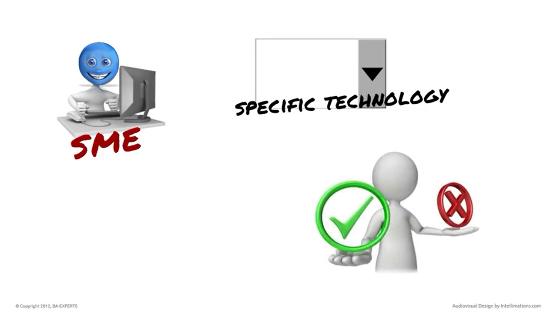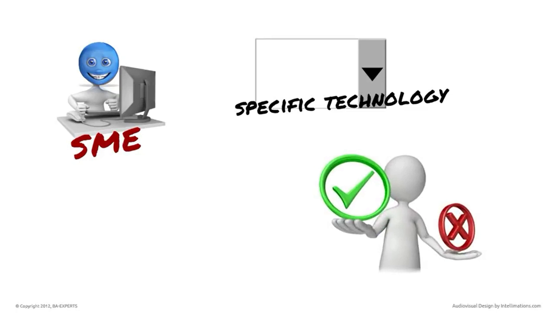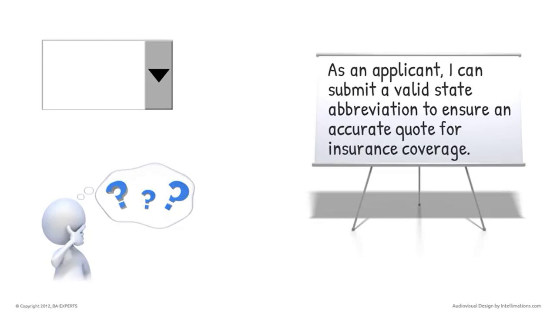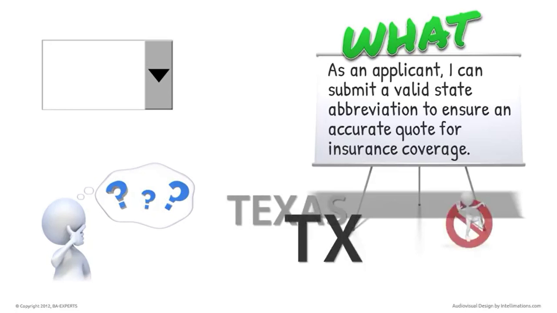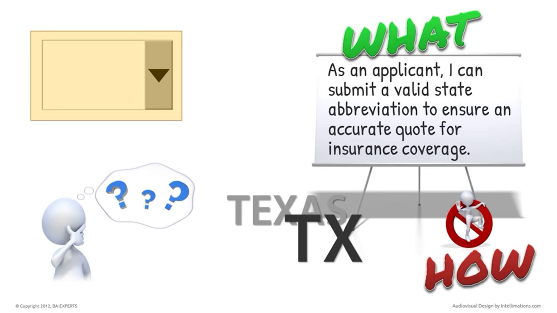Not necessarily a bad one, by the way, but not necessarily the best either. If, instead of jumping to the solution, the SME considers what she's really trying to achieve, a better user story might be: As an applicant, I can submit a valid state abbreviation to ensure an accurate quote for insurance coverage. This expresses what the business needs, a valid state abbreviation, without specifying how we are going to achieve it, the drop-down box.